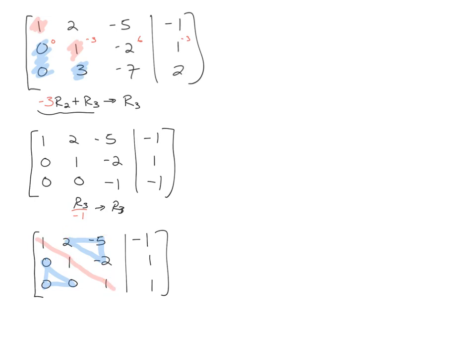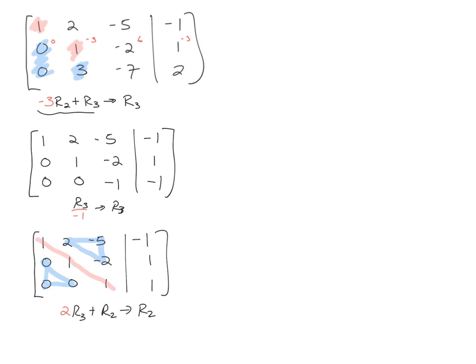So I'm going to do a couple steps here at once. This will be row 3 plus row 2, and we will replace row 2. But we're going to multiply row 3 by 2 this time, because the opposite of -2 is +2.